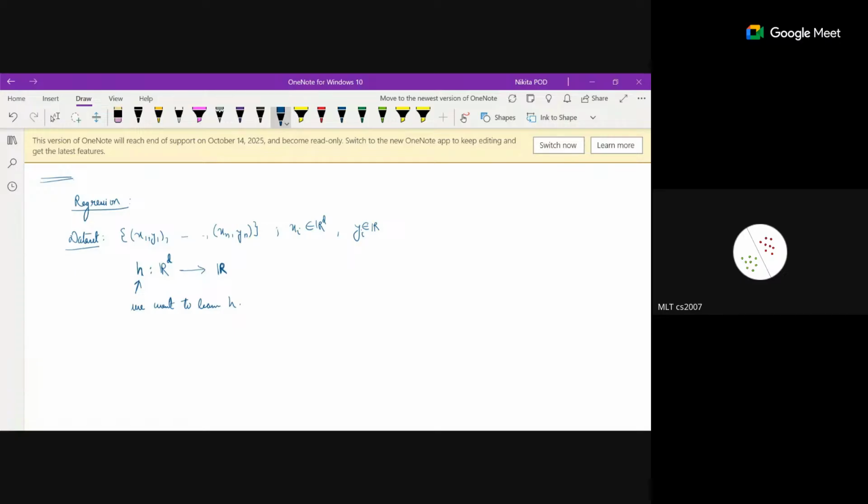So we want to learn this h. And how do we do that? How do we learn this h? That is the question here.